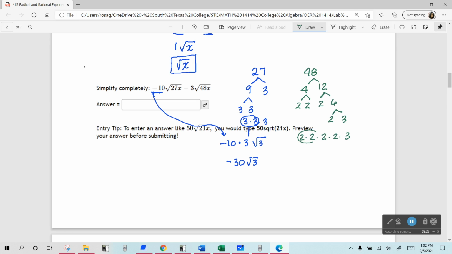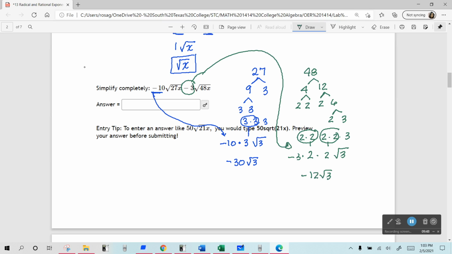And we're looking for groups of 2. So this would be 2 times 2. The 3 doesn't have a pair, so it stays inside. Now don't forget to bring the negative 3 right here. So this is going to be negative 6, negative 12 square root of 3.